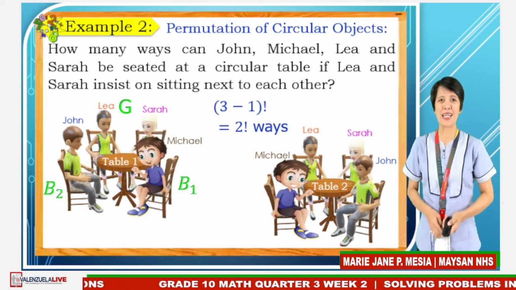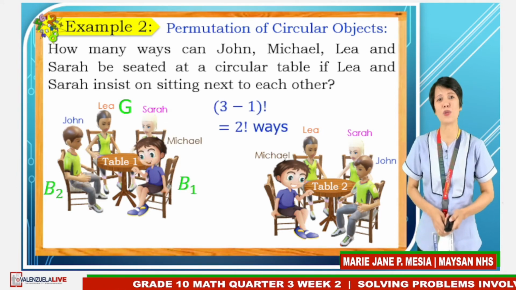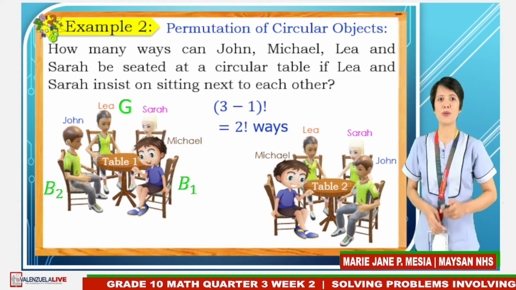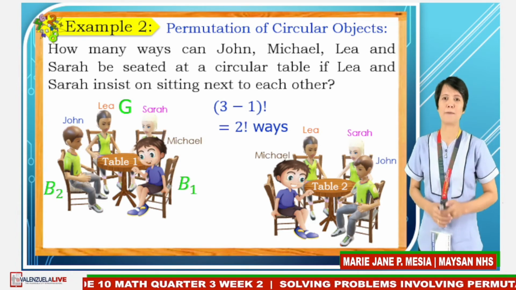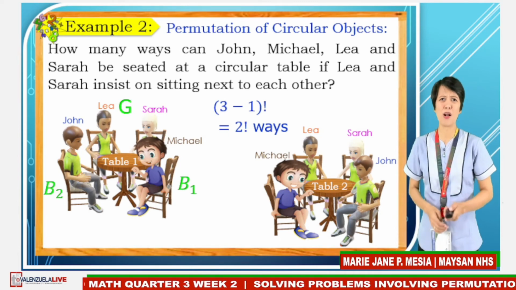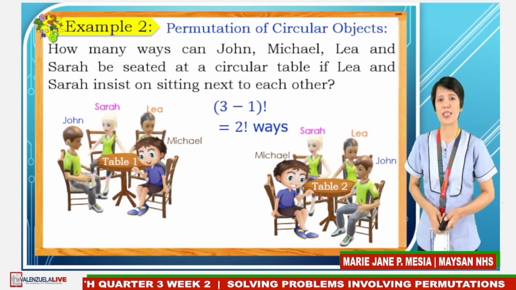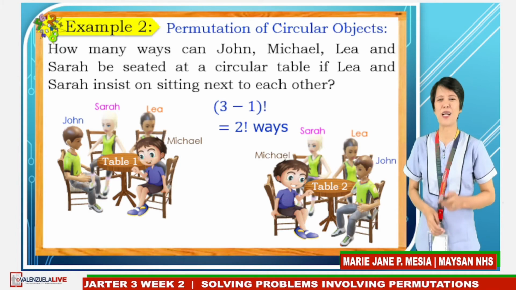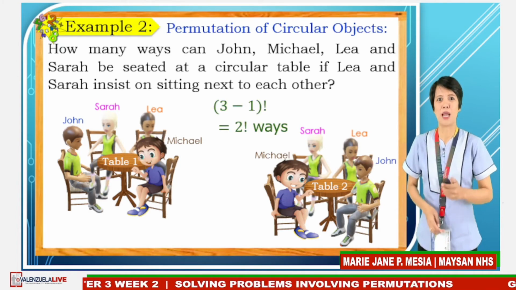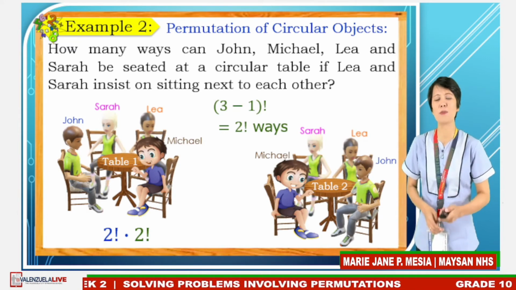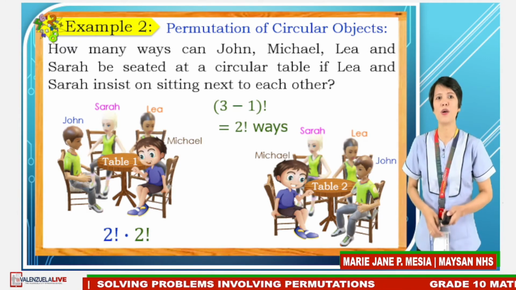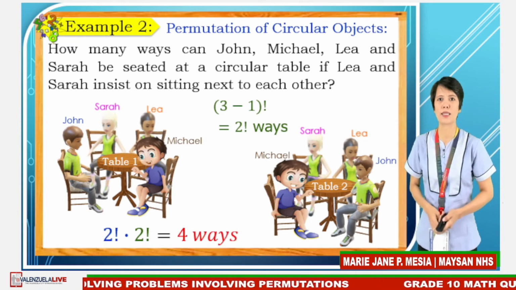There are the quantity 3 minus 1 factorial, which is equal to 2 factorial ways in this arrangement. But the girls may also shift their positions. Thus, there are 2 factorial ways. By multiplication rule, there are 2 factorial times 2 factorial, which is equal to 4 ways of arrangement.